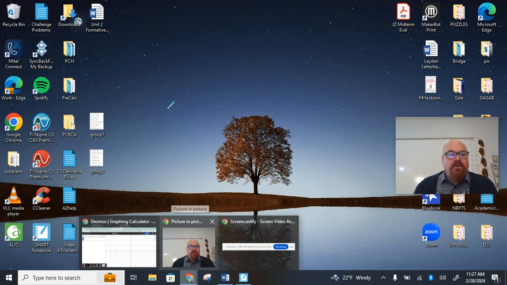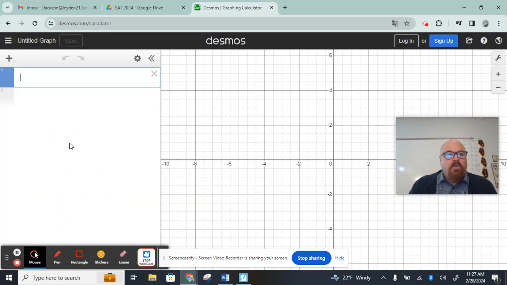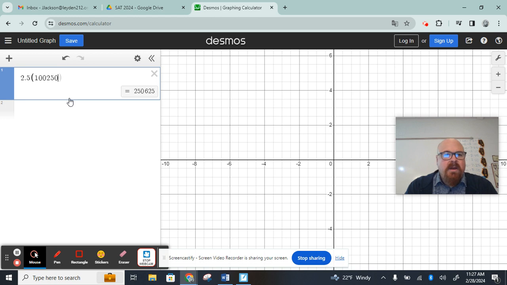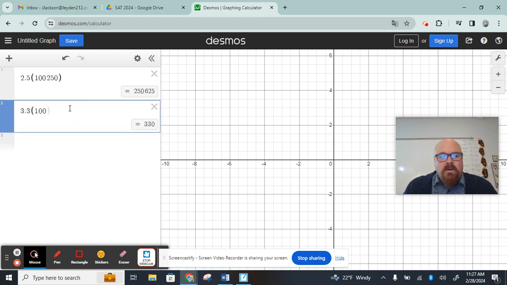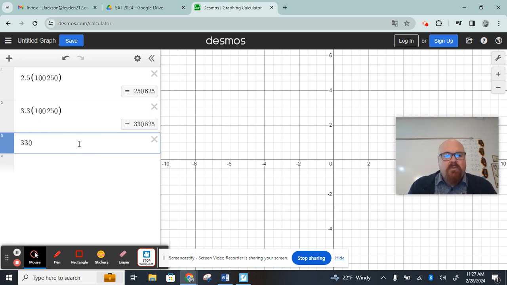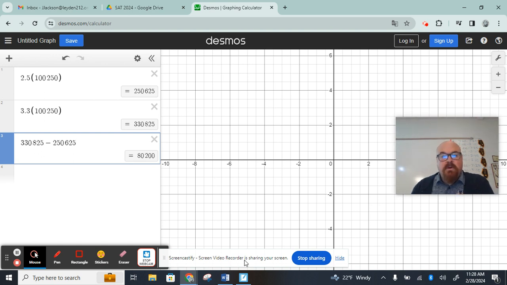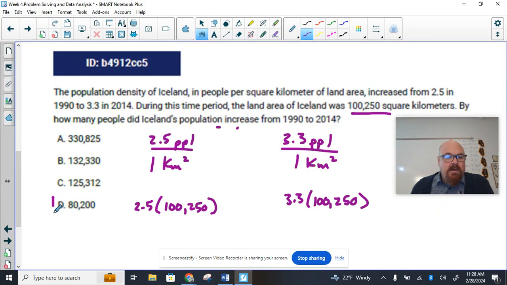So if we come to a Desmos window, 2.5 times 100,250, and 3.3 times 100,250. So we get our two population numbers, and then we can just subtract those two values because they want to know what the population increased by, and we get 80,200 people, which we can see is D.